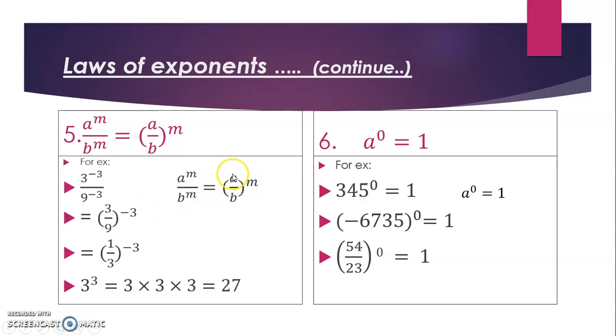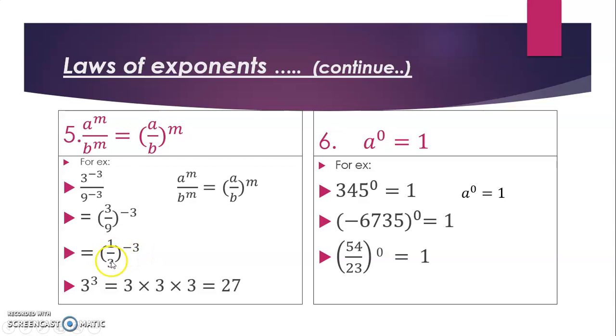Here you can write it in this form: numerator divided by the denominator and outside the bracket the exponent. So 3 by 9 and outside the bracket the exponent is minus 3. So this 3 and 9 can cancel and it will give you 1 by 3. Again you can see it is minus 3.